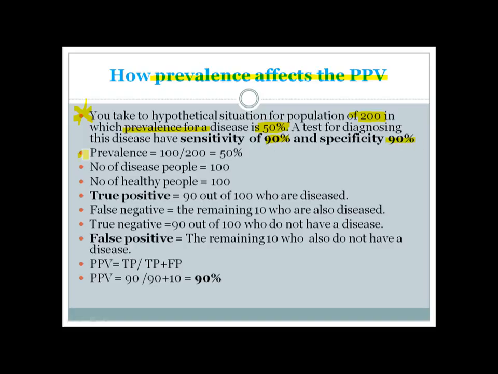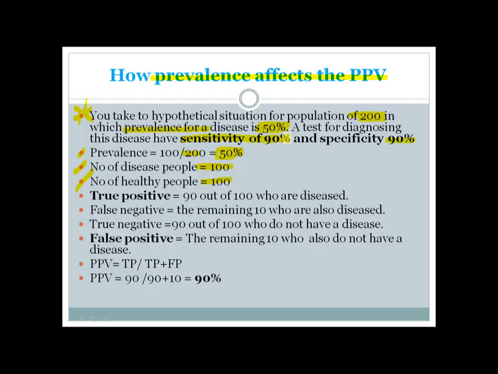As the study population is 200 and the prevalence is 50%, the number of diseased people will be 100 and the number of healthy people should be 100, because we are dividing into 50-50 groups. In our test we have said that it has a sensitivity of 90%.